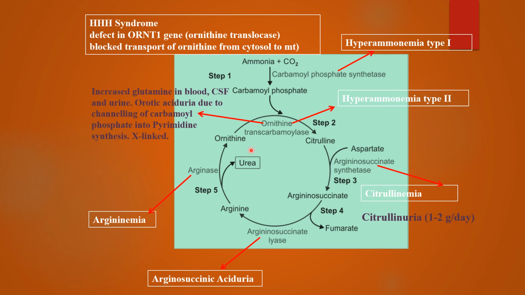Here the ornithine accumulates in the cytoplasm, and since it is not available in the mitochondria, lysine is carbamoylated to form homocitrulline. So this is the overall picture of why there is triple H syndrome in defect of the ornithine translocase gene. So that's all about the urea cycle.